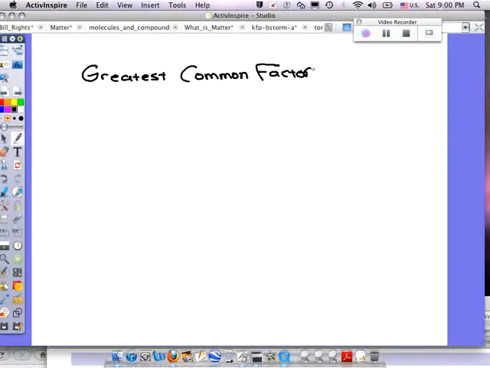And so the greatest common factor is the largest number that two different numbers have in common, that goes into both numbers. So what is the GCF, or greatest common factor, of 24 and 6? Well, let's start by writing down all of the factors for 6.